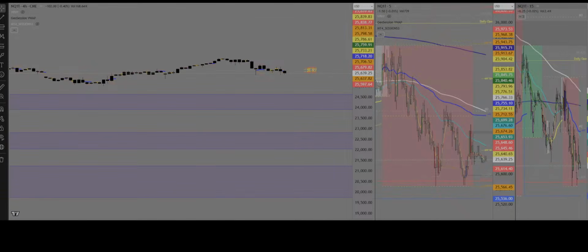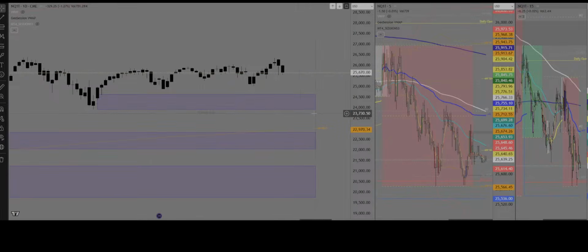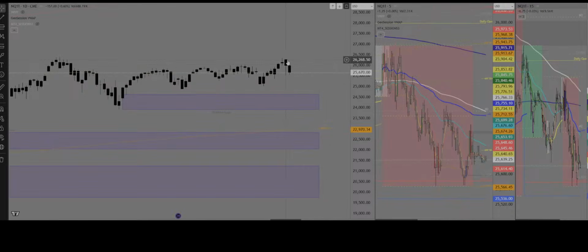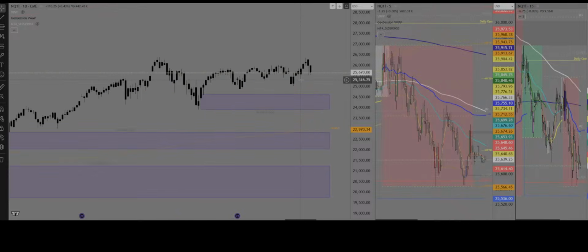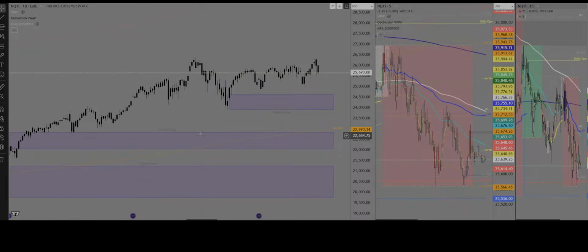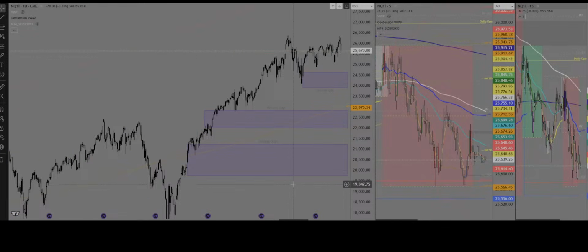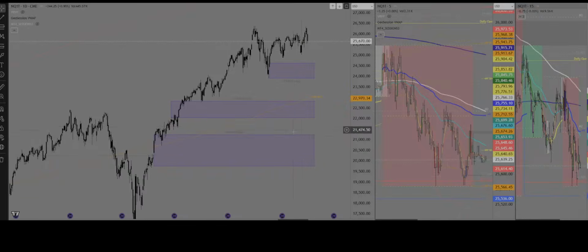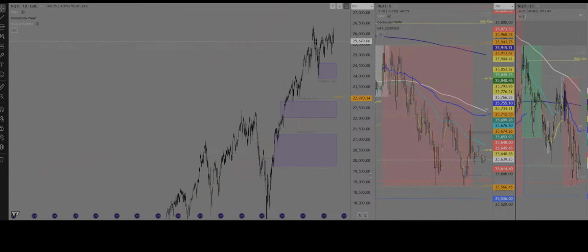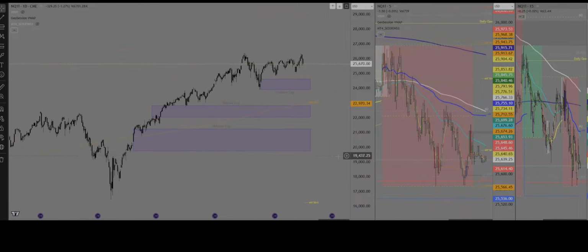Let's go back to the daily here. See, we came back and we took this wick. I don't know how far we'd actually retrace. These were volume gaps that I had found. I don't think we'll come back to the 19,000s again, but I have it there because it is there.